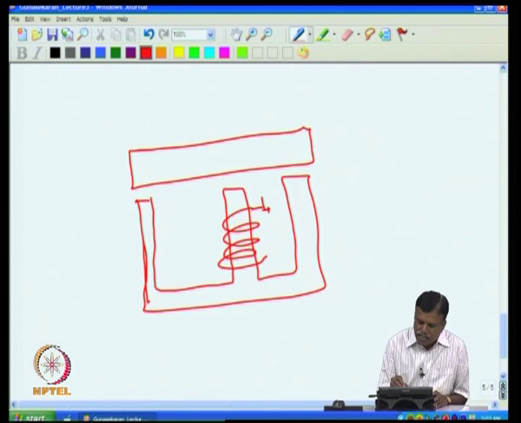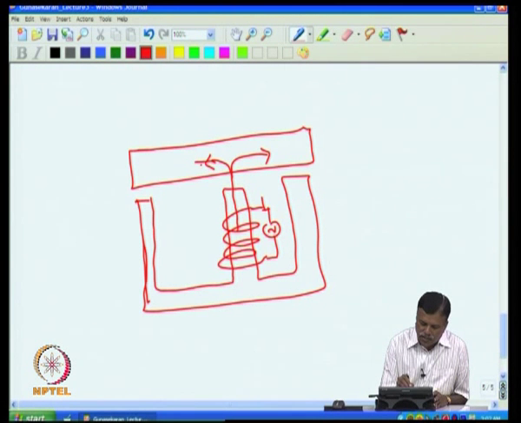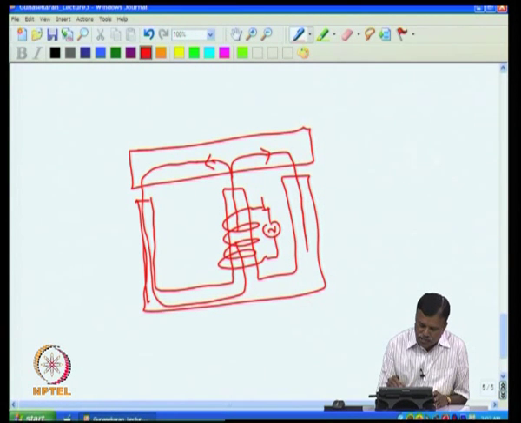So, if AC is applied here, then the magnetic field completes the path: it comes like this, then the other half goes like this, and then it goes through this and completes the path like this, and this half comes like this and completes the path.